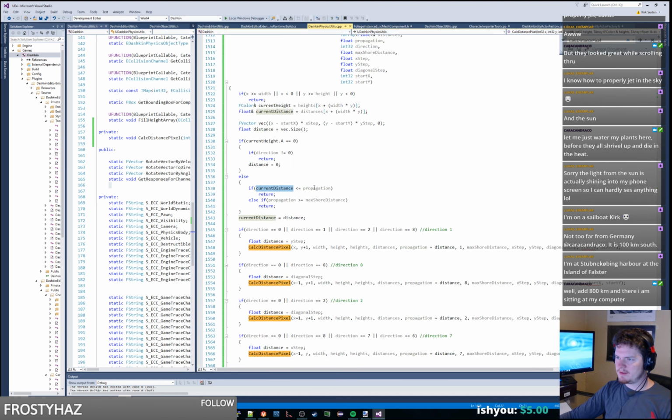Alright, so if current distance is less than or equal to propagation, current distance is going to be distances, yeah. Distance is greater than max shore distance. Yeah, we got start x and start y.